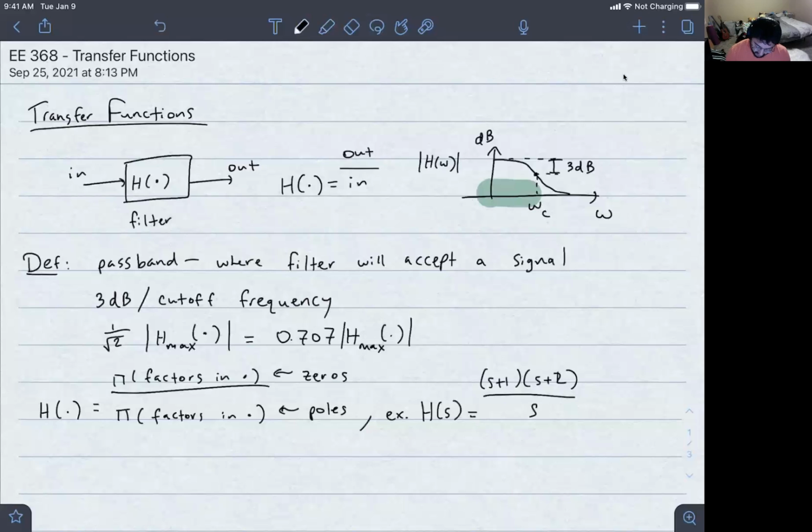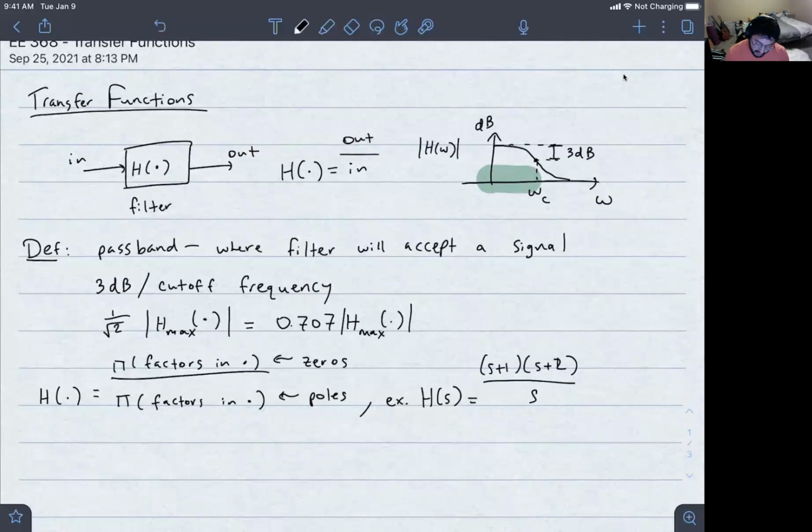So in this case, you can see that our zeros are s equals -1 and s is equal to -2, and our pole is just s is equal to 0. So whenever we take some s in the set of zeros, this implies that h of dot, or I guess in this case h of s, will equal 0.